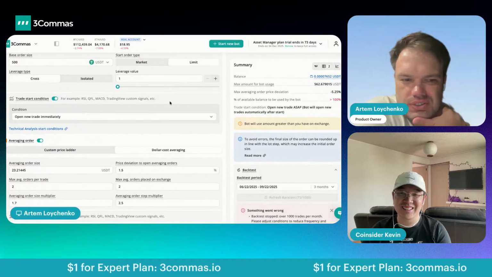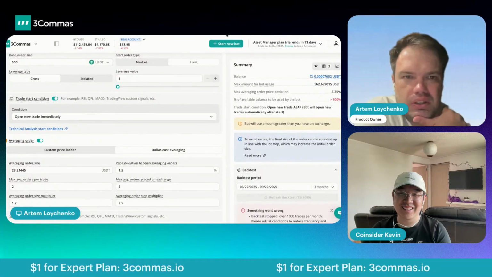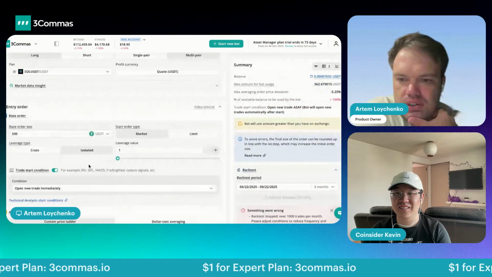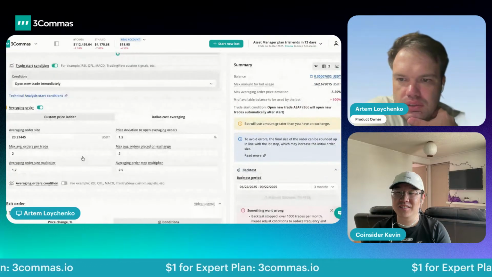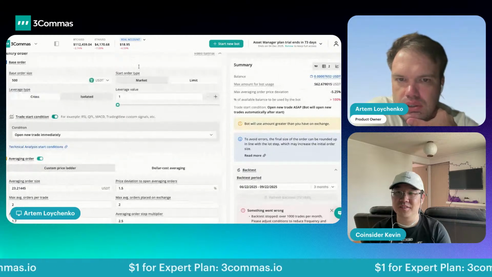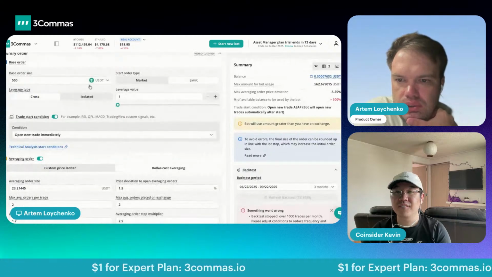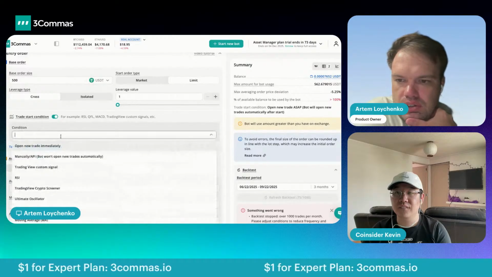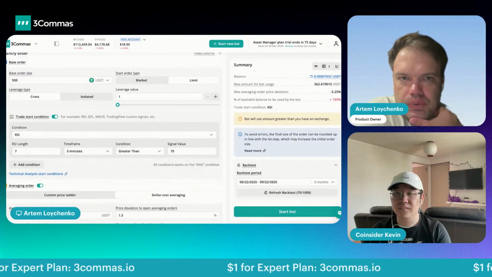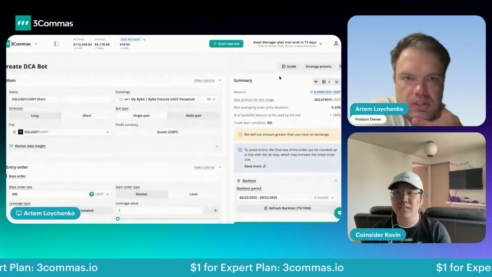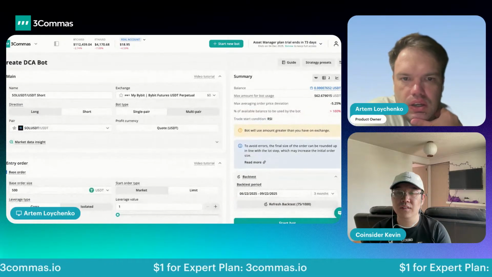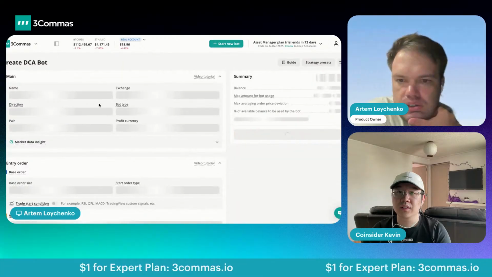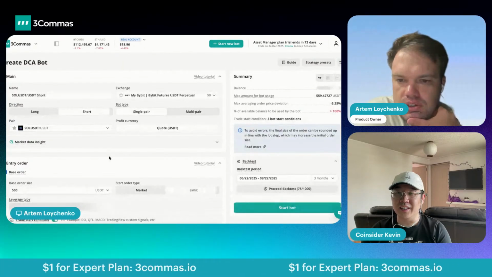Or we will just create a new one. Let me just tweak the parameters to check. Okay, let's do it from the backtest history again. Quick and simple. Copy config. I'm just curious why it's not running. Yeah, it's really weird.